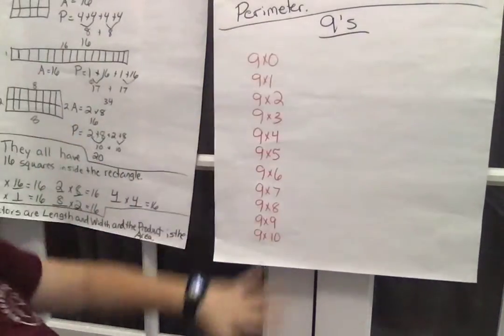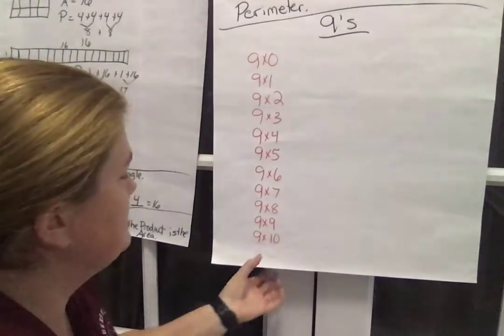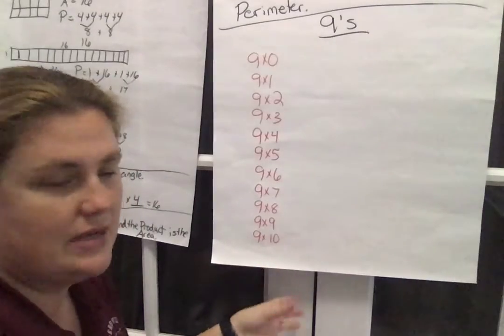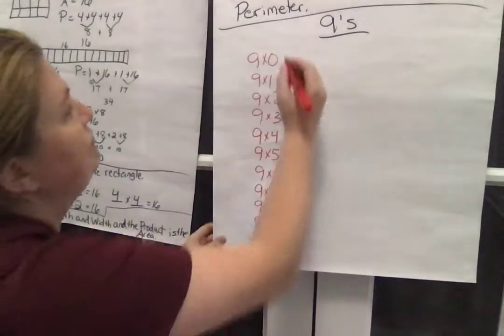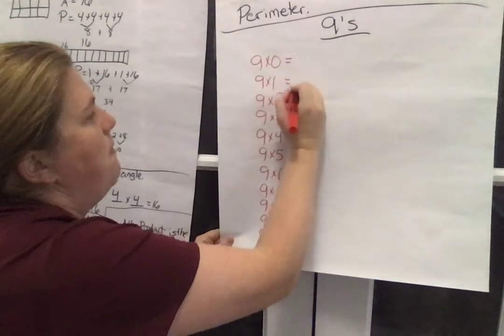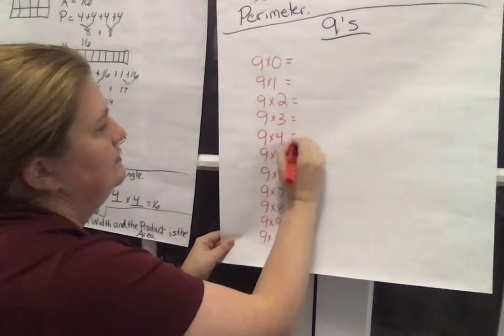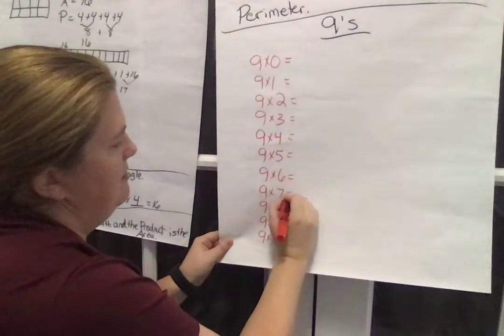This method will work on all of your multiplication facts except for your 9 times 11 and 9 times 12, and we'll talk about that later. So this is a counting method. Put my equal signs on these.